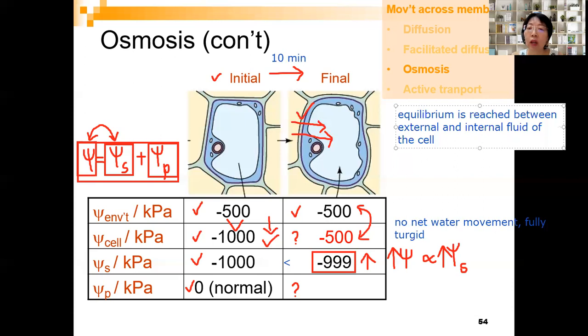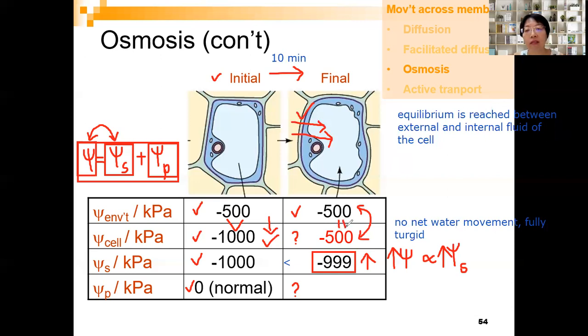When equilibrium is reached, it means the water potential in the external fluid is the same as the water potential in the internal fluid. That's why equilibrium is reached. Water cannot move anymore. There's no more net water movement, meaning the water potential outside and inside the cell is equal. That's why there's no net water movement.